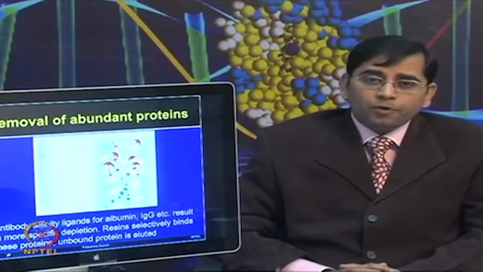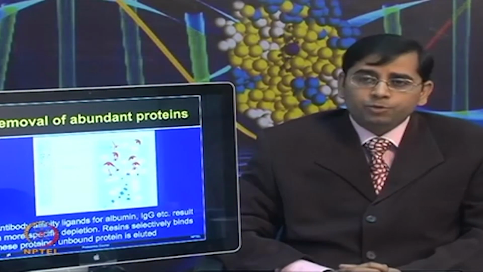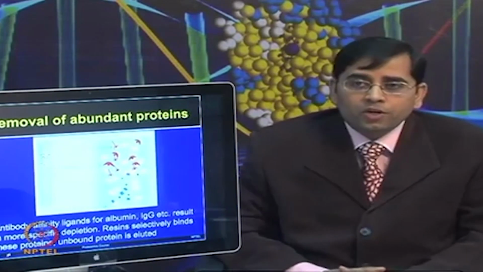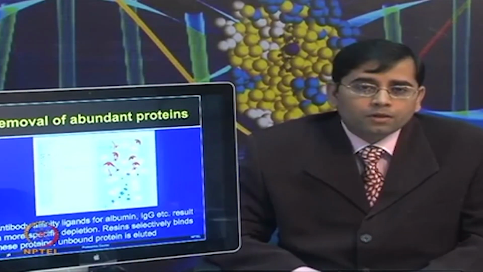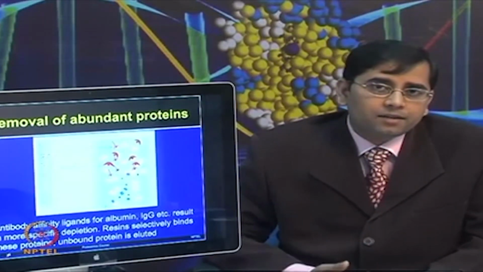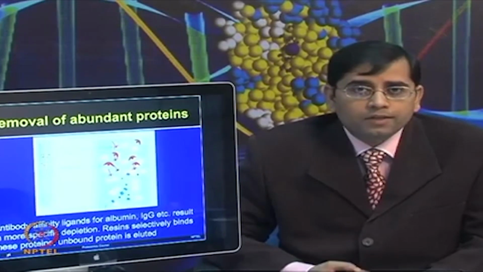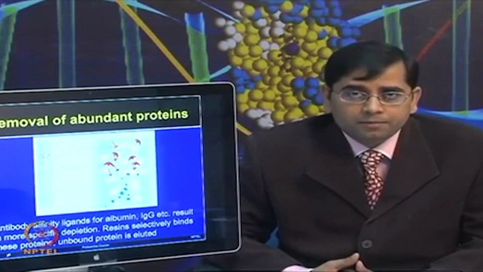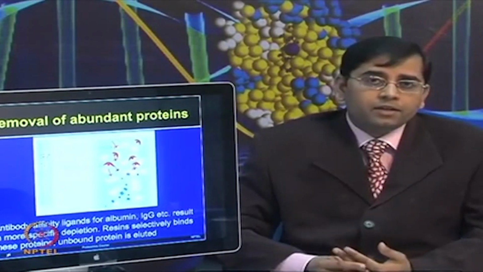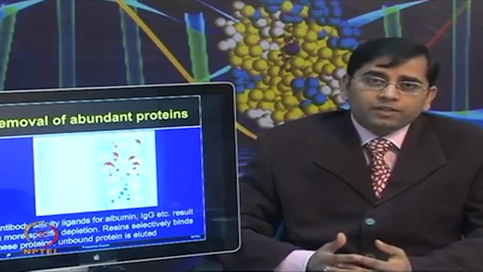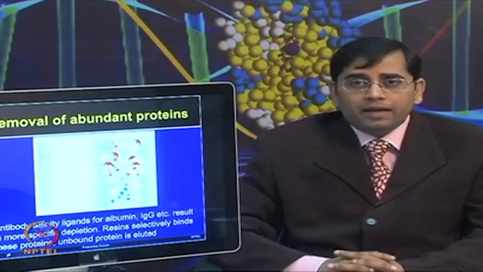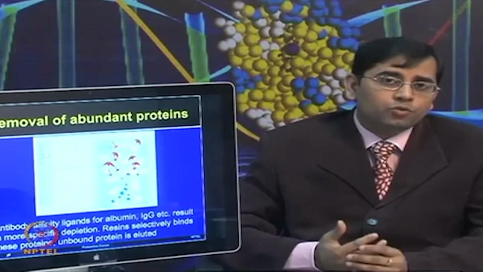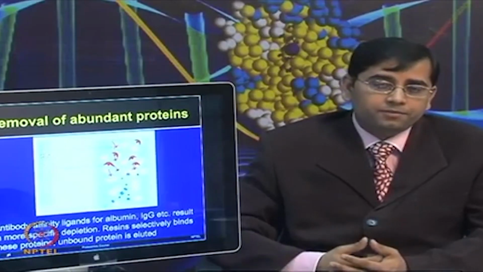There are different ways people have tried to remove these abundant proteins. Molecular weight cutoff and different types of chromatography methods have been used. The affinity chromatography based methods are highly efficient for a specific removal of these abundant proteins present in the serum, because there is always that fear with the molecular weight cutoffs, whether along with albumin and other high molecular weight proteins, you will also get rid of various high molecular weight proteins which are non-abundant.